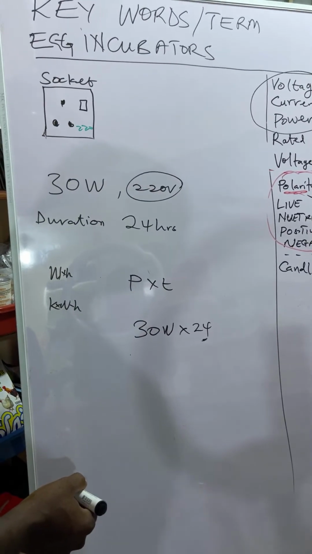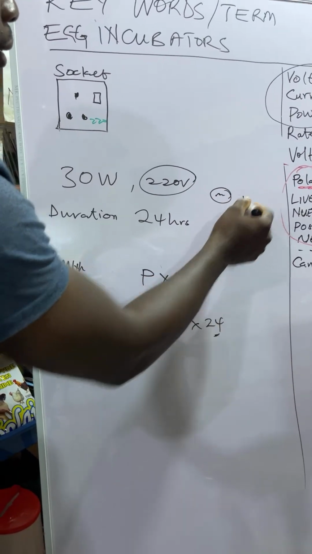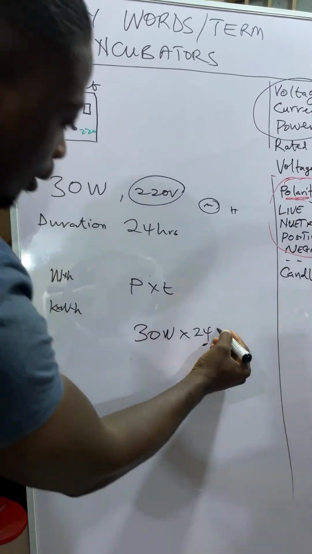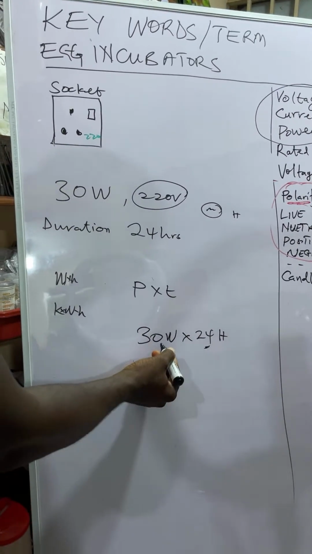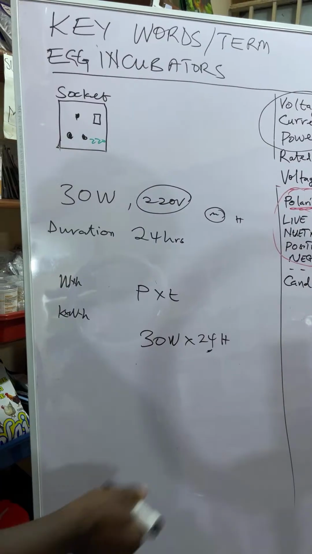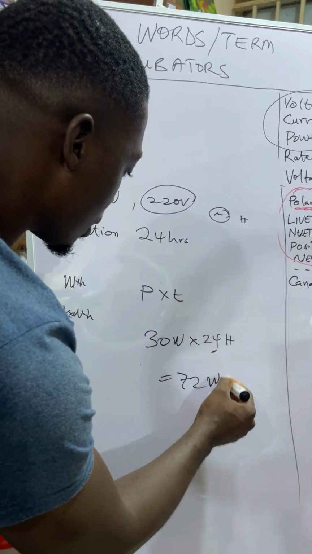If it was in minutes, we'll have to convert it to hours before coming to multiply. So watts times hour, 24 hours. You get 30 times 24, 720. So you are getting 720 watts hour.